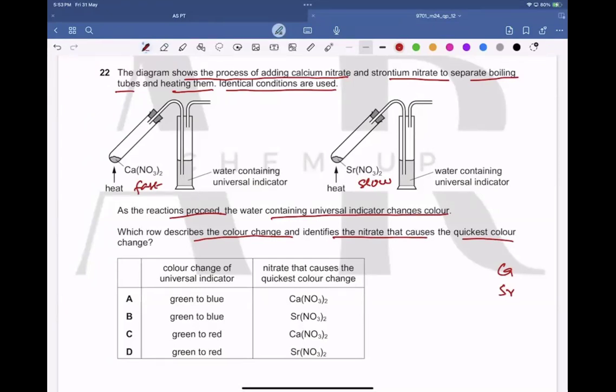So as acidic oxides are formed, the gas NO2 is an acidic gas which is released, and so this gas is acidic in nature. So as a result, it is going to change the color to red, right? Because the acid shows the red color. So A and B go wrong. Quickest, as we have decided, is calcium nitrate, not strontium nitrate. So D goes wrong as well, and C is the correct answer.